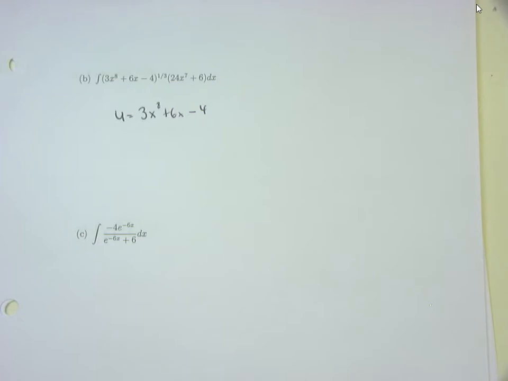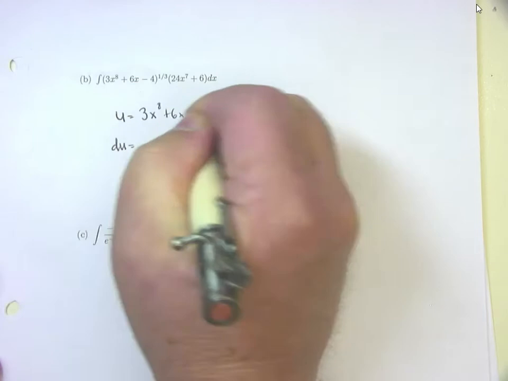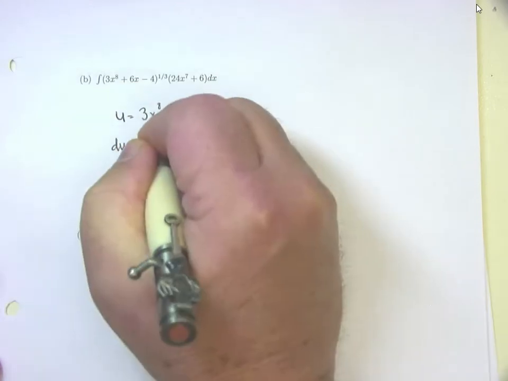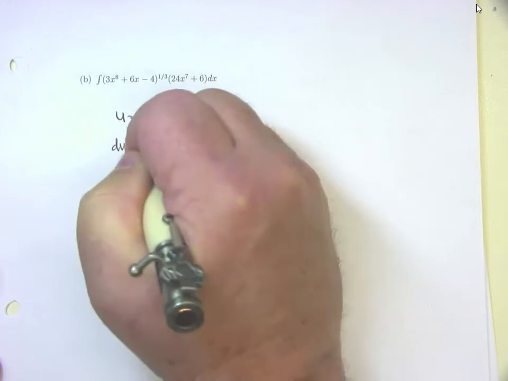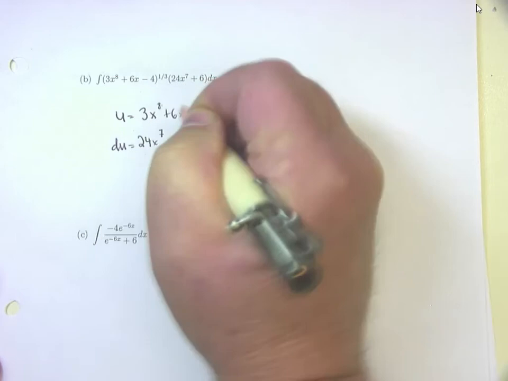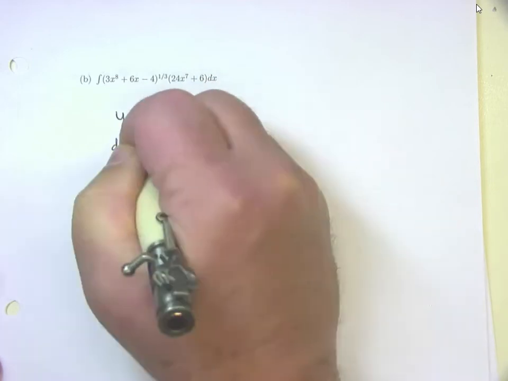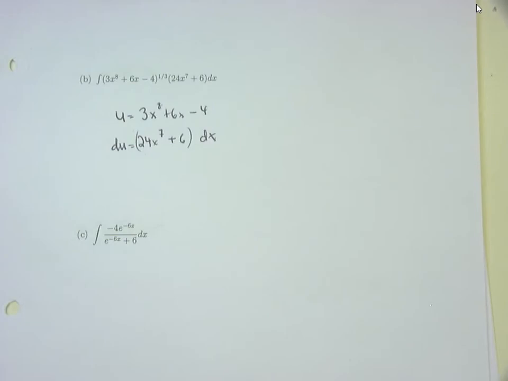What's the derivative of this thing? What is du? What's the derivative of 3x to the 8th plus 6x minus 4? Derivative of 3x to the 8th, 3 is a constant. Derivative of x to the 8th, bring down the 8. 8 times 3 is 24x to the, subtract 1, 7, plus the derivative of 6x, which is 6. Put a little parentheses around that. Derivative of minus 4 is 0, with that dx.